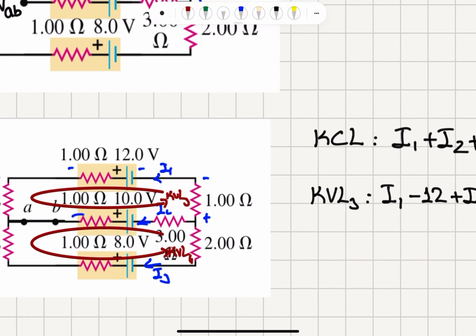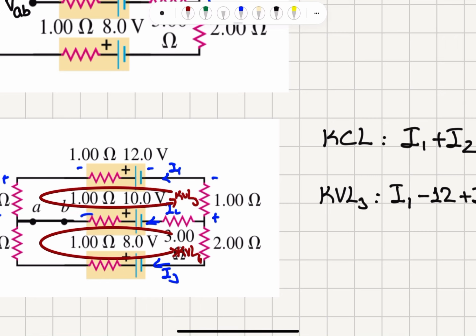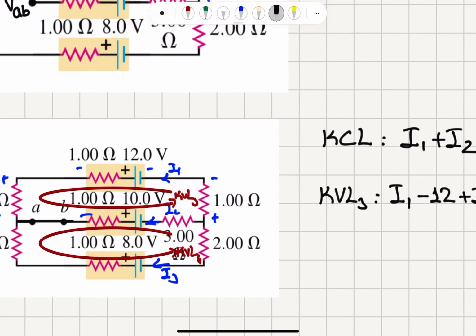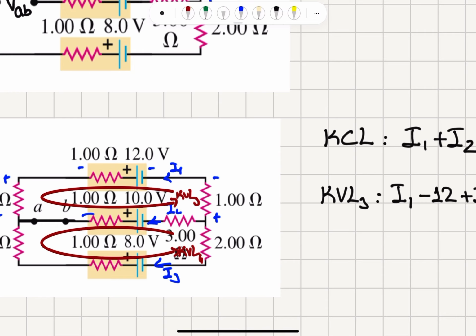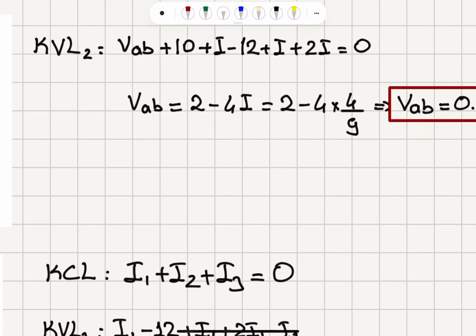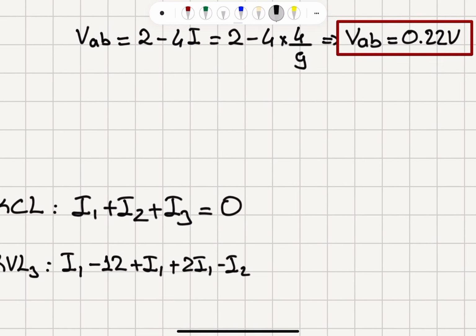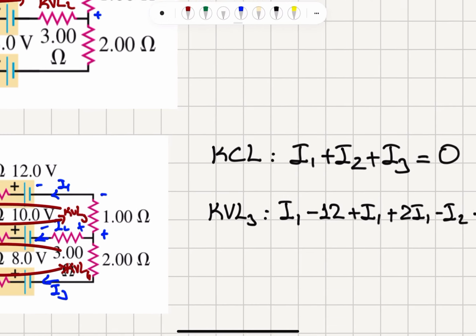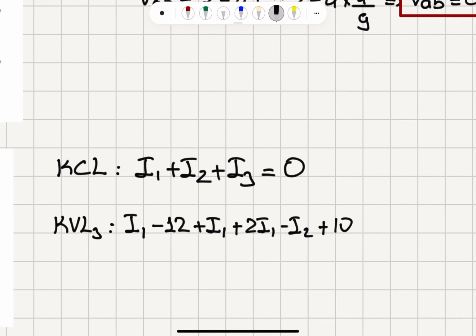Then I go to this branch, and now I encounter minus I2 times 1, so it is minus I2. Then I encounter this voltage source, plus 10 volts. Then I have the 3 ohm resistor here, but the current is flowing in this direction. So if I come from this side, it's going to be minus 3I2. Minus 3I2 is equal to 0.